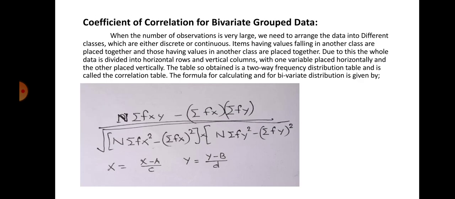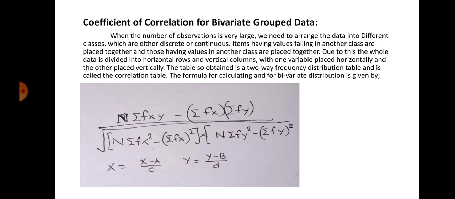We are continuing discussion on coefficient of correlation for bivariate data, grouped data. When the number of observations is very large, we need to arrange the data into different classes which are either discrete or continuous.